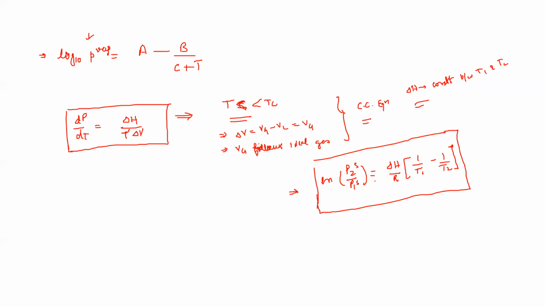This is one application. The second application is that if you know the vapor pressure at a given temperature, then you can find the vapor pressure at some other temperature, considering the enthalpy of vaporization is constant. This was what we discussed in the previous class.